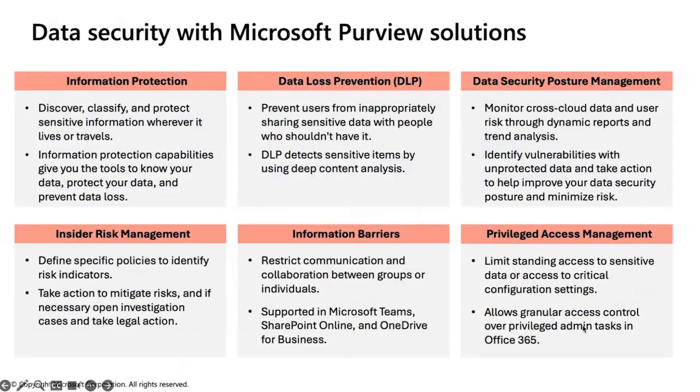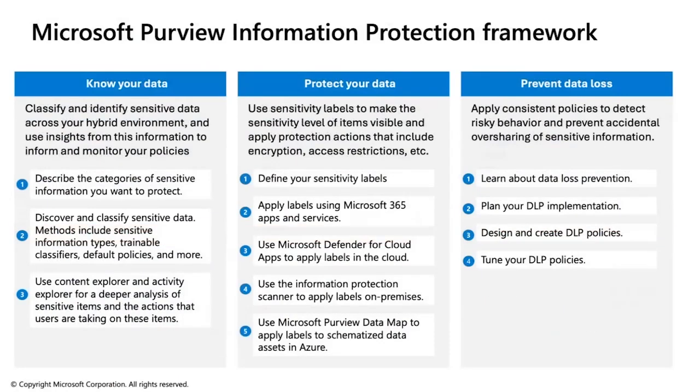Now, what next do we have? When we talk about information protection, where do we start? First of all, you have to understand what kind of data you have in your organization. For that, we follow the know your data phase.